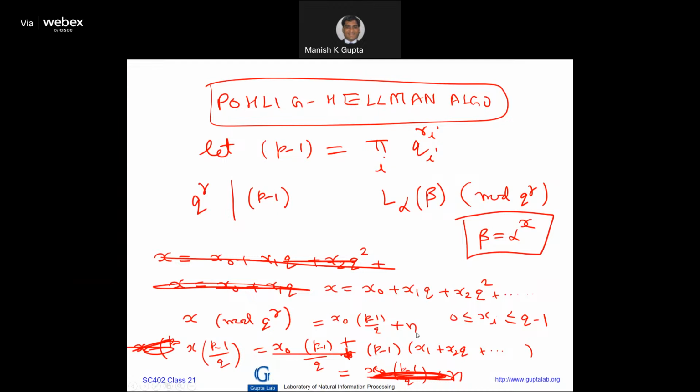Okay, so the whole thing is some integer n. The right hand side is some integer, right? So this expression is what I'm going to use actually. See, this is the important thing. So x times (p minus 1) by q is x naught times (p minus 1) by q plus n.